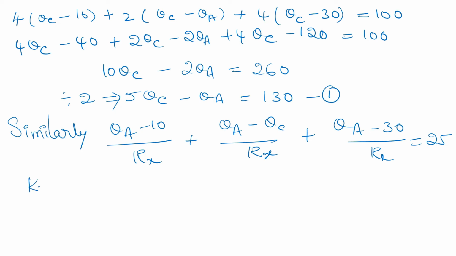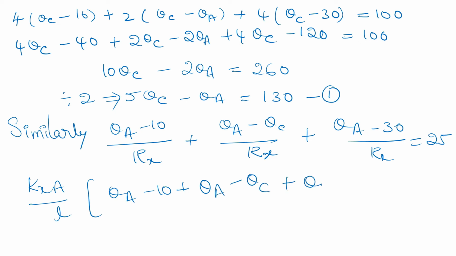Here taking common KxA by L, then we are getting (theta A minus 10) plus (theta A minus theta C) plus (theta A minus 30) is equal to 25.